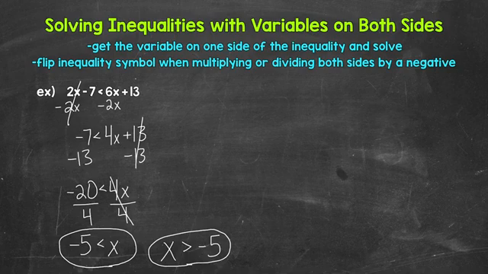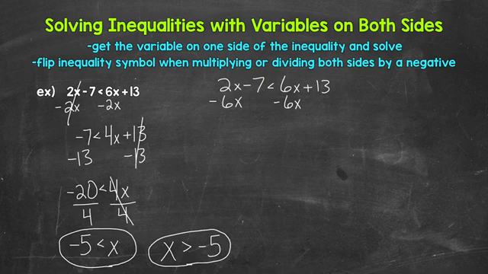So we have 2x minus 7 is less than 6x plus 13. So let's start by undoing or getting rid of 6x. So subtract 6x from the right side and the left side.